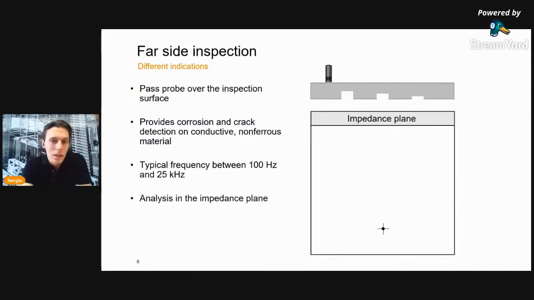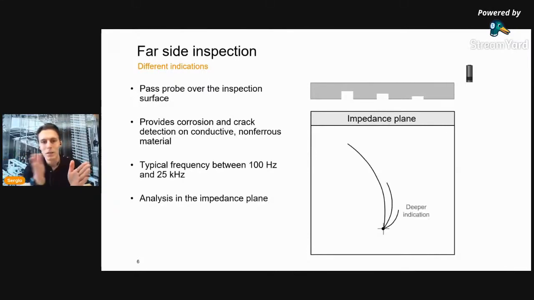Again, we will look at the impedance plane to see our signals. And when you move the probe over those defects, you see the first defect is bigger in volume, is deeper, closer to the surface. So we see it with a higher amplitude. And then the smaller the defects get, or the further away the defects are from the surface, they become smaller, and then they open up with the phase.